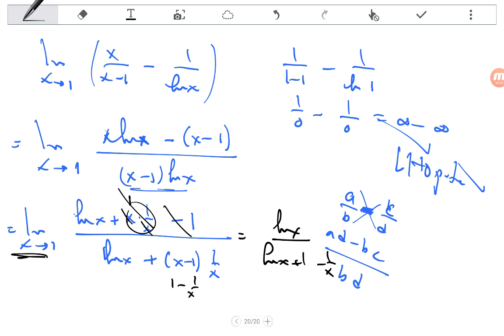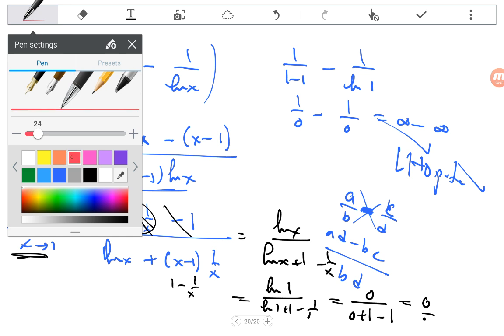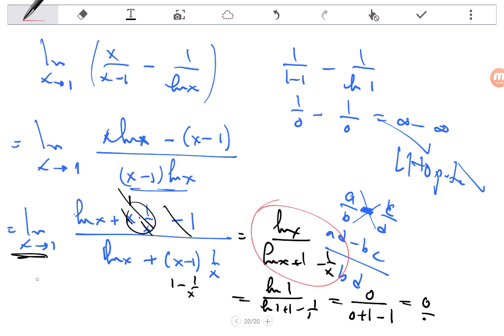Let's put x equal to 1 and let's check the result. Ln 1 over ln 1 plus 1 minus 1 over 1. That will be 0 over 0 plus 1 minus 1. It will be again 0 over 0. So what do I do in this case? I make another L'Hopital. So I make a L'Hopital for this one, that will be 1 over x over 1 over x plus 0 minus 1 over x squared.